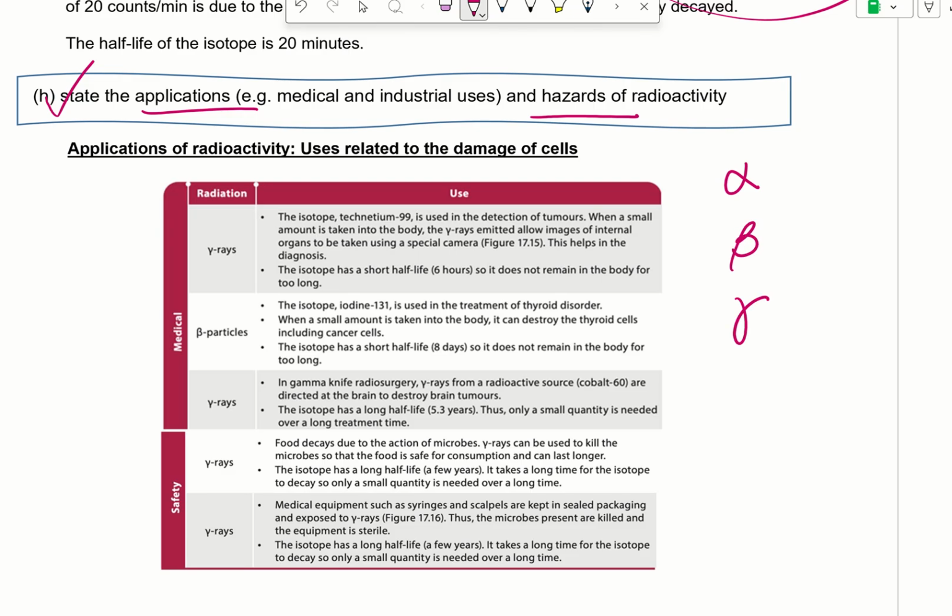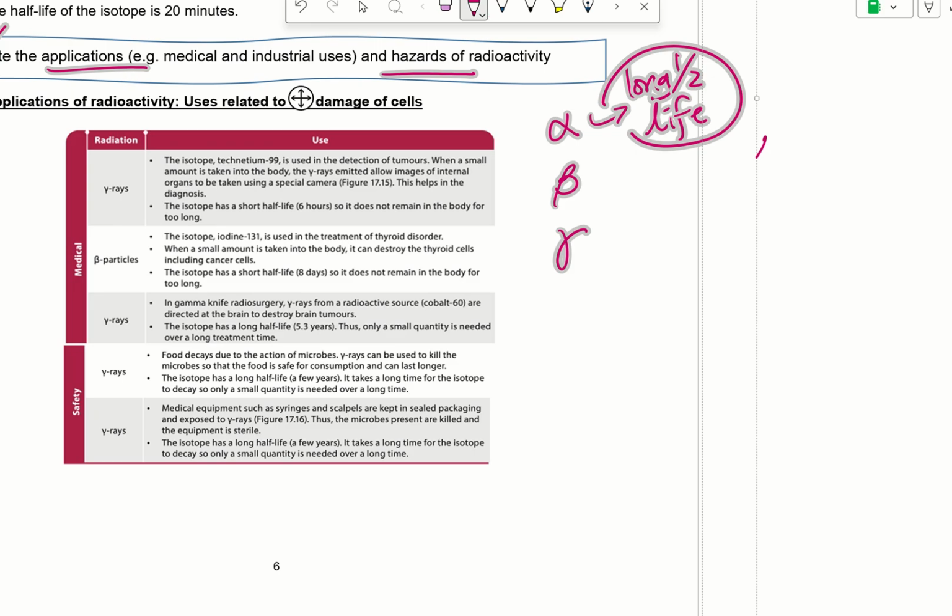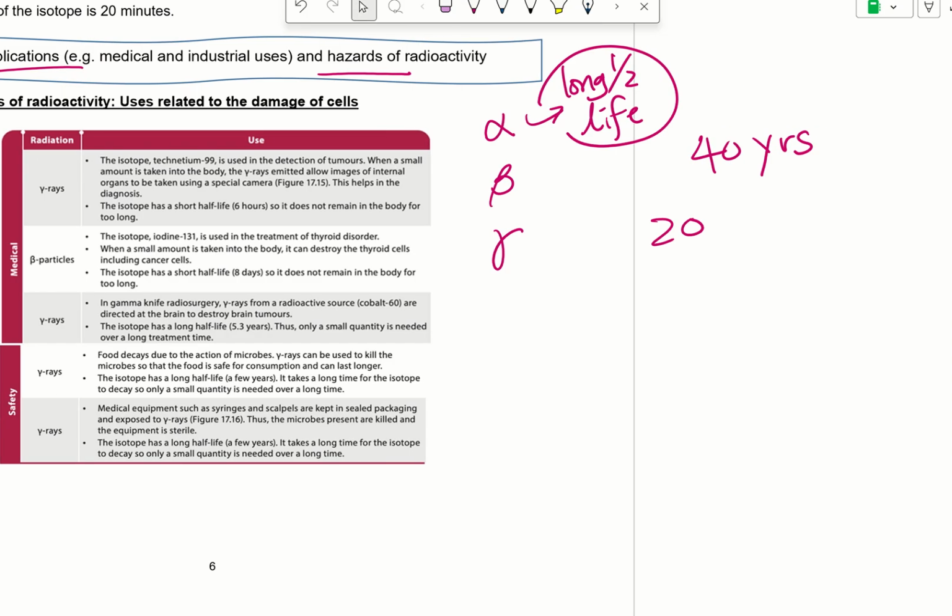Sometimes they may say this alpha has a long half-life. What does long half-life mean? That means if it has a half-life of 40 years, for example, and let's say the count rate is 20, after 40 years it will become 10. After another 40 years, another half-life, it becomes 5, right?